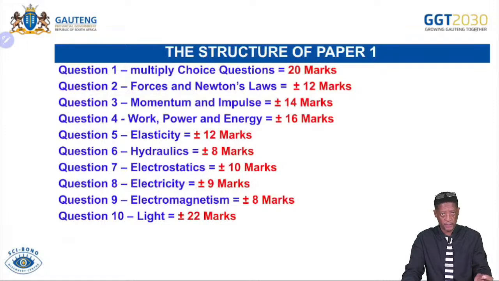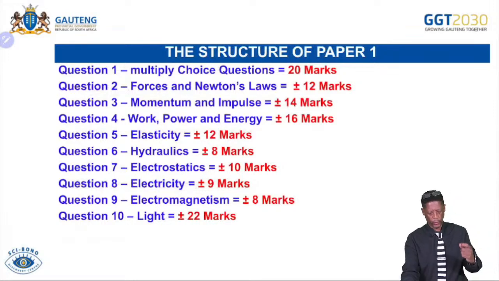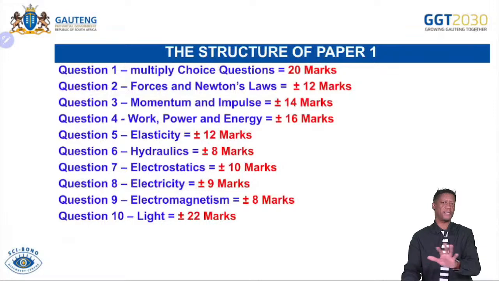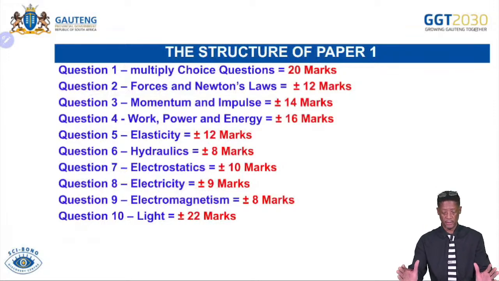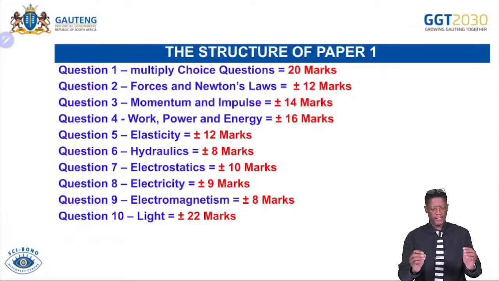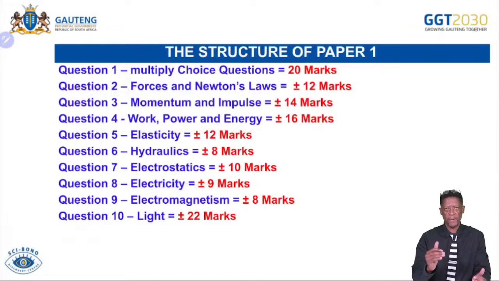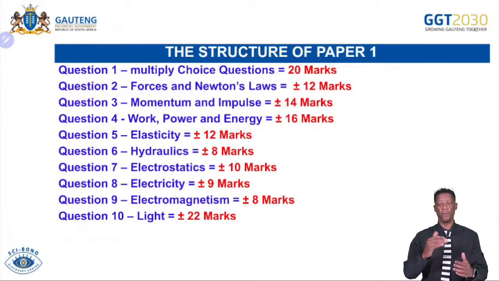They don't read. So we'll go through this question and see how well you are going to answer it. Question 2 is forces and Newton's laws. Now, I said Question 1 is 20 marks. There's no plus or minus there. It's 20 marks, period. The other questions can be more or less, so that's why I put plus or minus.